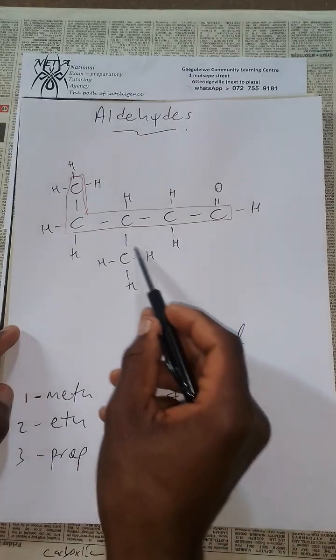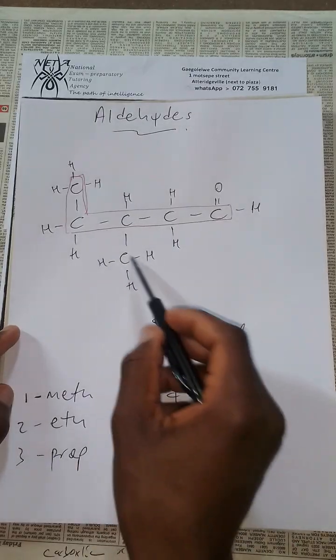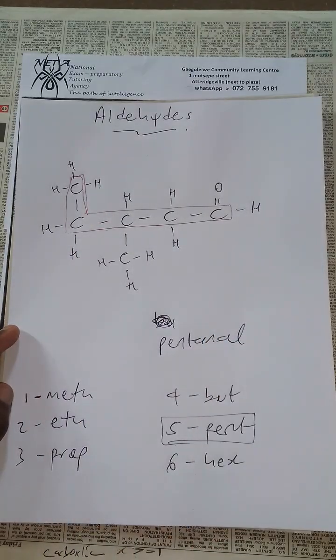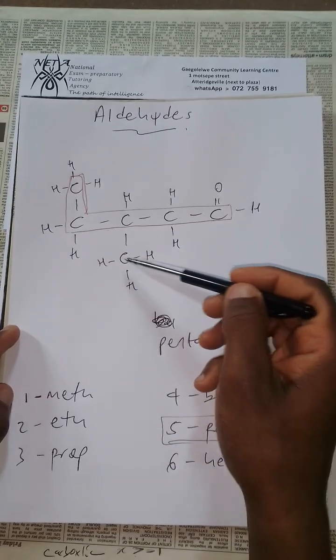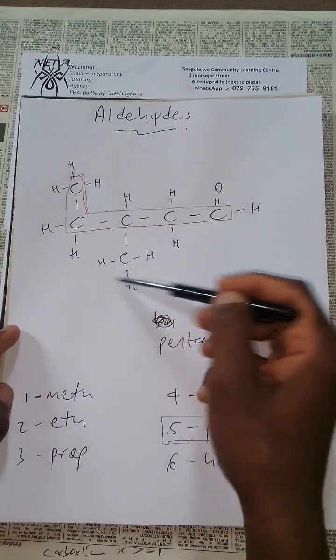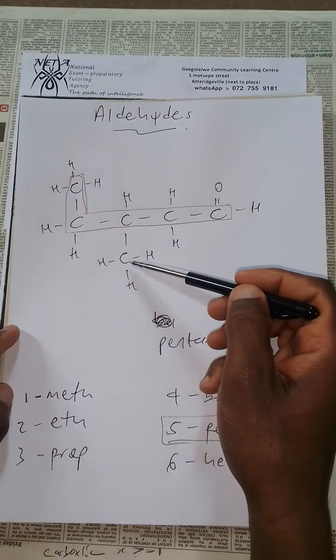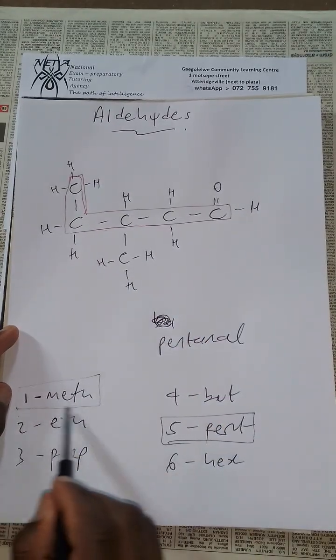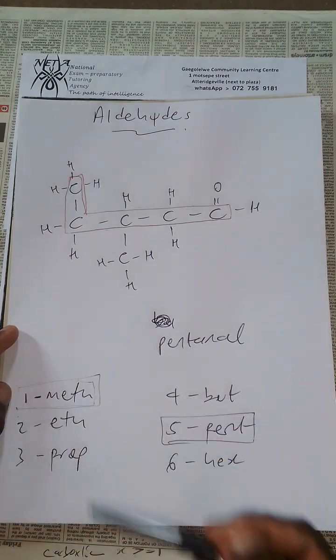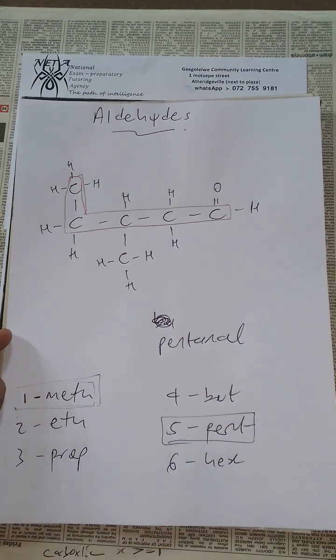And there is another chain that is emerging from the parent chain, which must also be accounted for together with its position. Now, you can see that the emerging chain from the parent chain is the chain with only 1 carbon. And if there is a chain with only 1 carbon, it means we have to use meth to demonstrate that our branch chain is a chain that only contains 1 carbon.